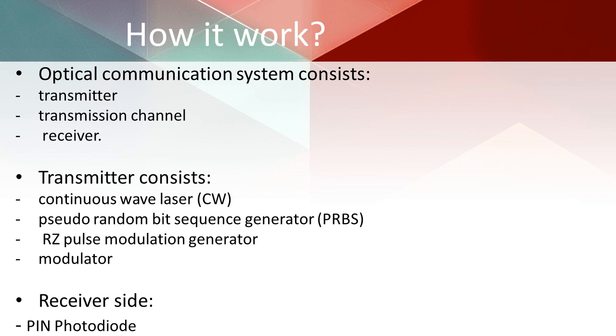Next, the receiver side consists of a PIN photodiode. The input signal is generated by the return-to-zero RZ pseudo-random binary sequence in the simulation setup, and it is modulated with the continuous wave laser, with or without amplitude modulator MZ.